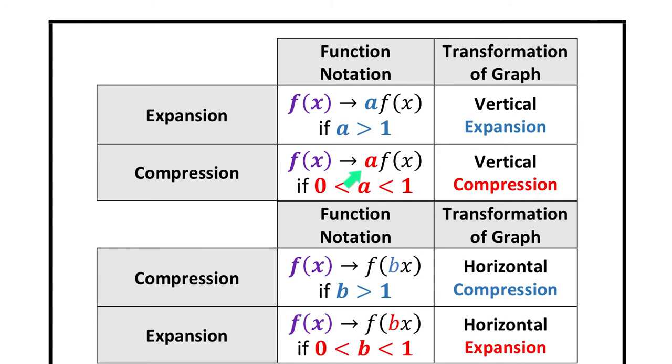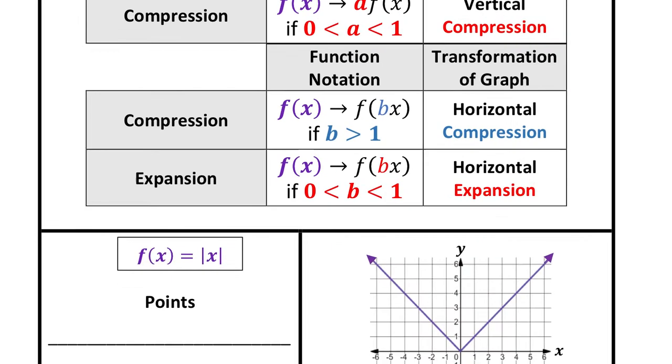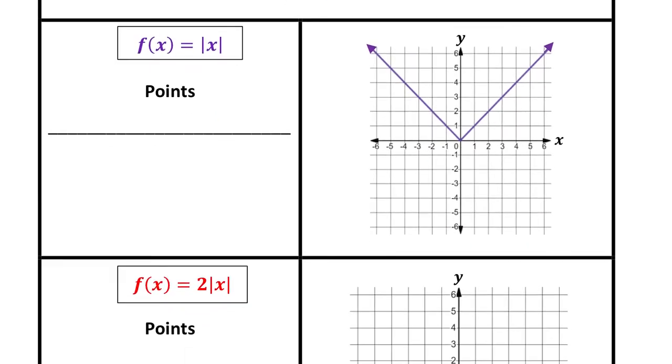If it's between 0 and 1, like your fractions, 1/2, 1/4, 3/4, 1/8, these are vertical compressions. Similarly for the horizontal, if B is greater than 1, we have a horizontal compression, and if B is between 0 and 1, we have an expansion. We're going to break these down and look at them each in their own perspective.